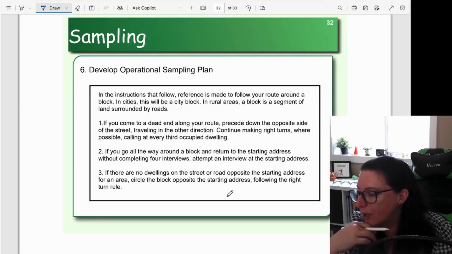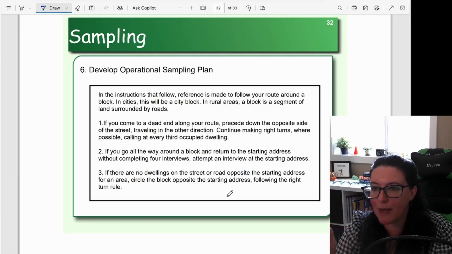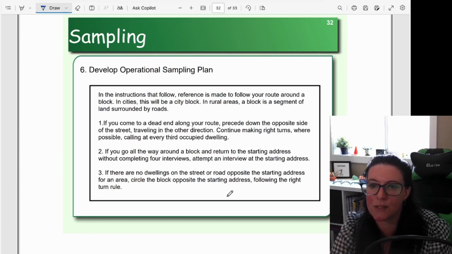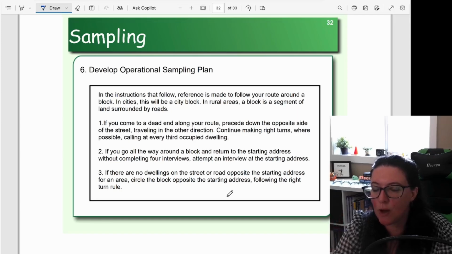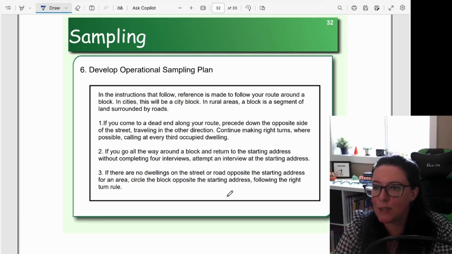So in this particular case, we would write out these instructions that would say, okay, in the instructions that follow, reference is made to follow your route around a block. In cities, this will be a city block. In rural areas, this is going to be land surrounded by a road. If you come to a dead end along your route, proceed down the opposite side of the street, traveling in the other direction. Continue making right turns where possible, calling on every third occupied dwelling.